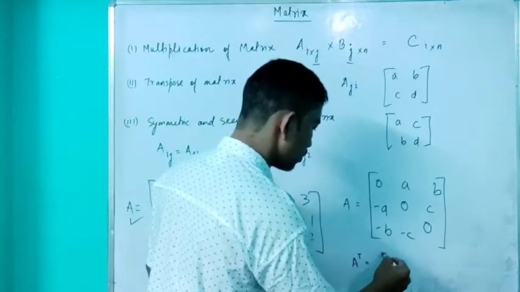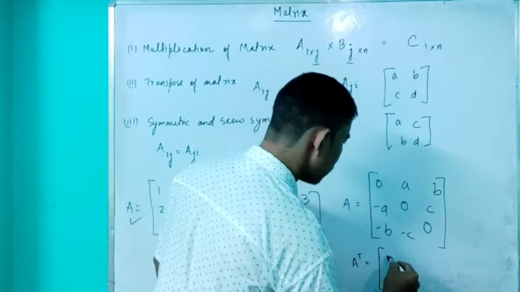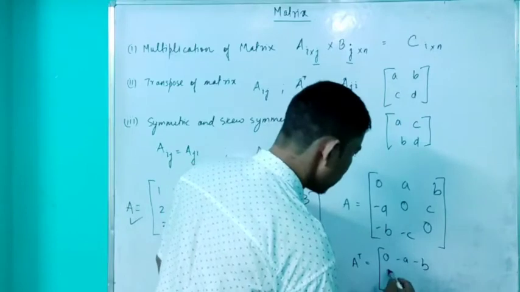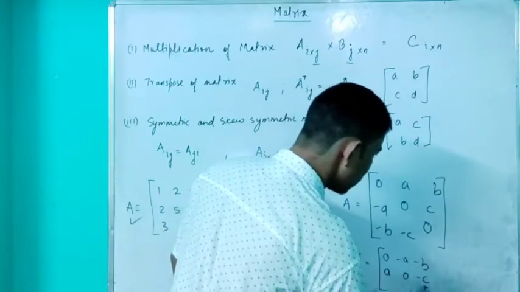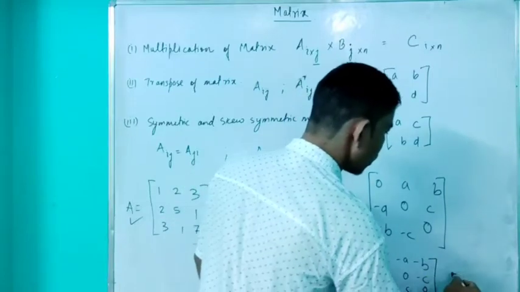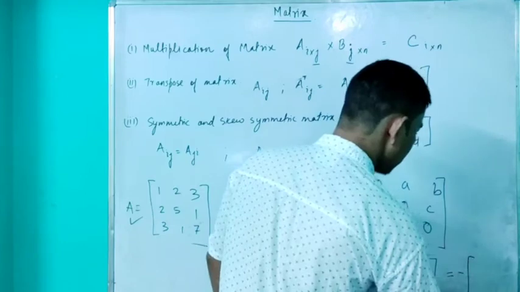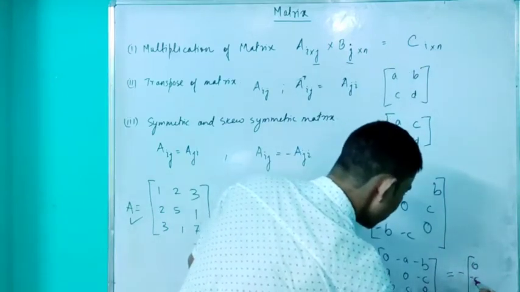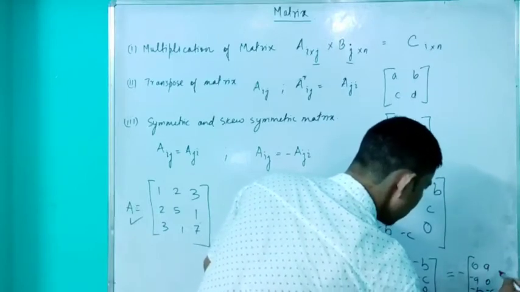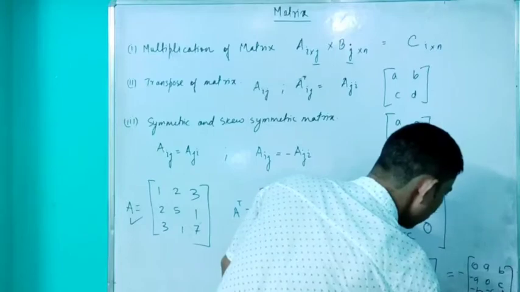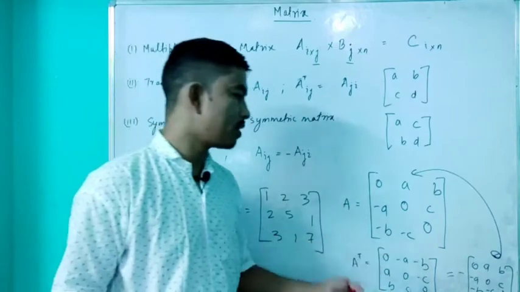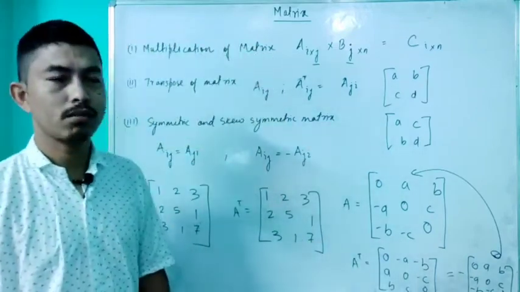A transpose will be 0, minus a, minus b, then a, 0, minus c, and finally b, c and 0. Now if I take minus common from this matrix, I'll get 0, a, b, minus a, 0, c, and minus b, minus c, 0. So we see that this matrix is equal to the negative of the original matrix. Such a matrix is said to be a skew symmetric matrix.